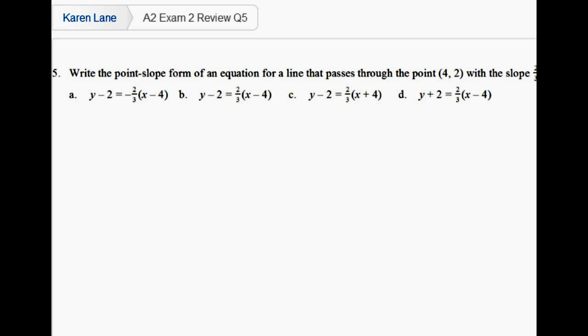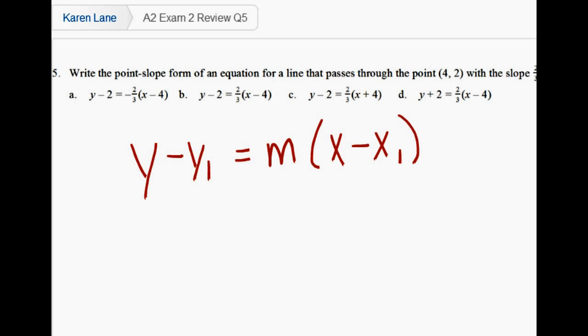Write the point-slope form of an equation for a line that passes through the point 4, 2 with the slope 2/3. The equation for the point-slope form is y minus y1 equals m times x minus x1. Okay, x1 and y1 are this point that they gave us.